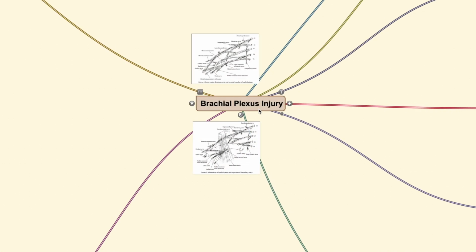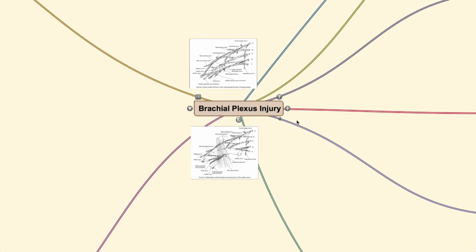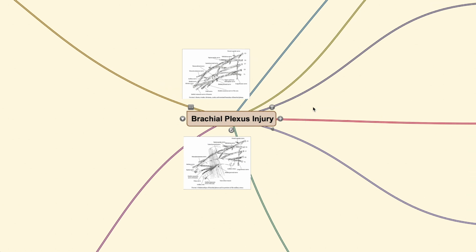Now, for the brachial plexus injury itself, before you try to understand the injury to the brachial plexus, first, you need to know about the basic anatomy of the brachial plexus. So be sure to log in and watch my previous video regarding the brachial plexus anatomy before you move on to today's discussion.